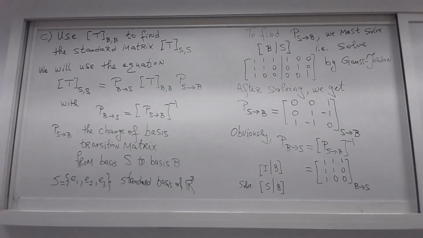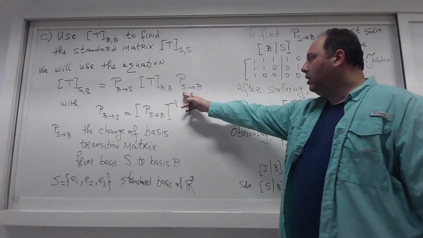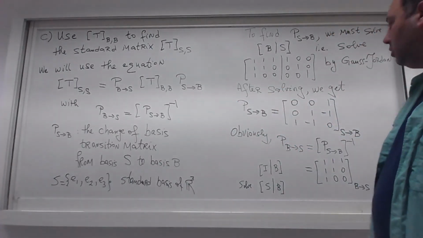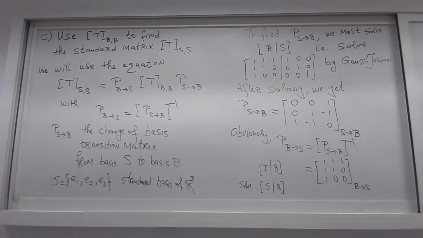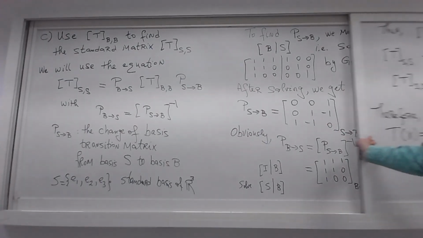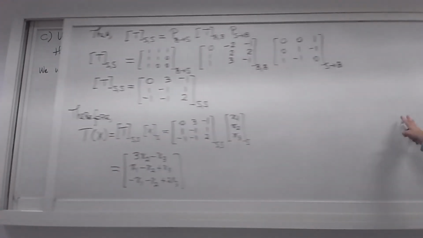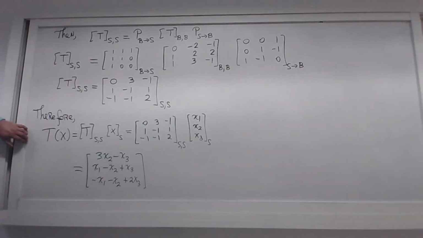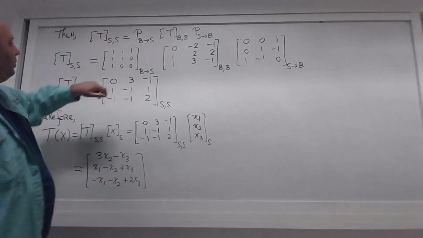So that's easy. Once we have these pieces, the transition from standard to B, and its inverse already, which is easy in this case, we can plug everything back into the equation. So here it is, we are plugging everything back, putting all the pieces together.